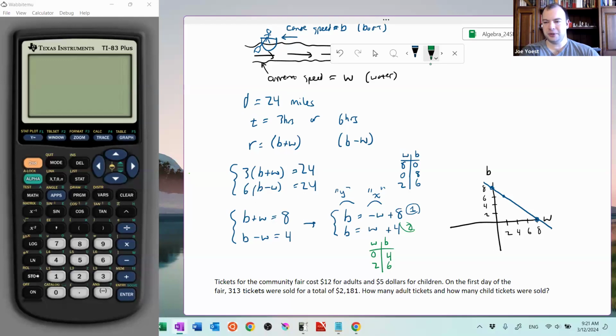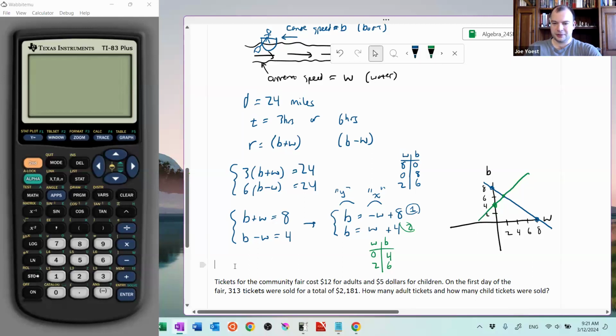For my second equation, I'll plot in green. I have 0, 4 and 2, 6. I actually accidentally found the solution, but let's draw the line and just check for formality's sake, I suppose.